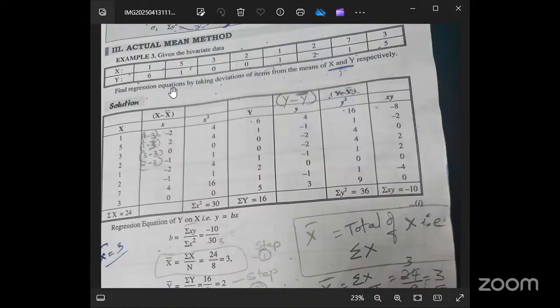Just give a glance. We have seen the previous problem and this problem.